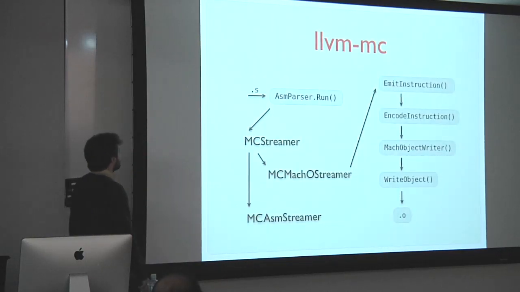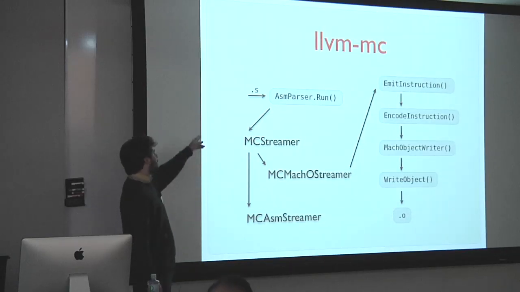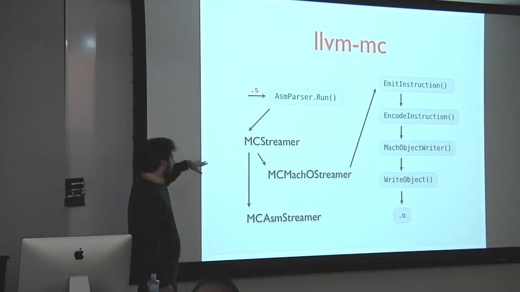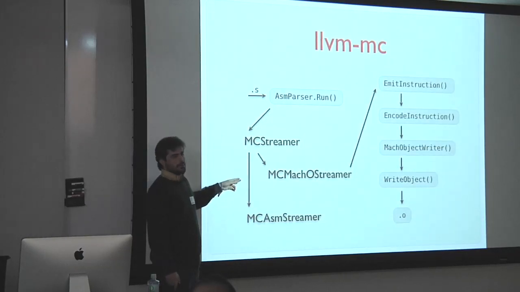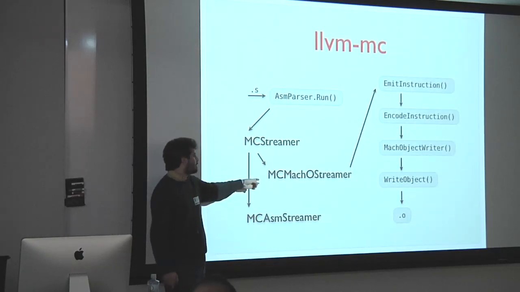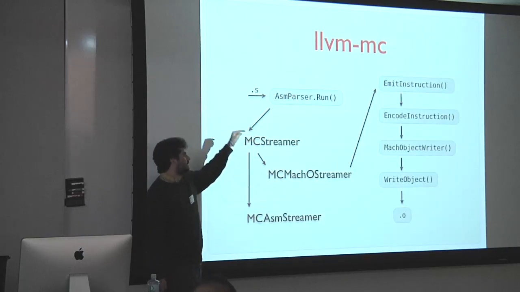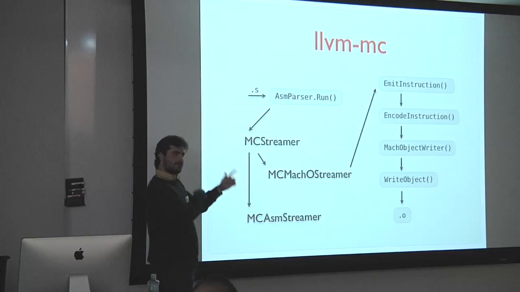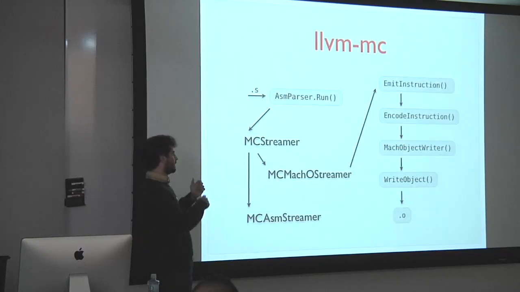So here is how it works now. We have a .s file as input. We call the ASM parser for it. Suppose you want to emit a .o directly. It will call the MCWriter, which will call emit instruction. We will encode the instruction. You do that many times for the whole function.